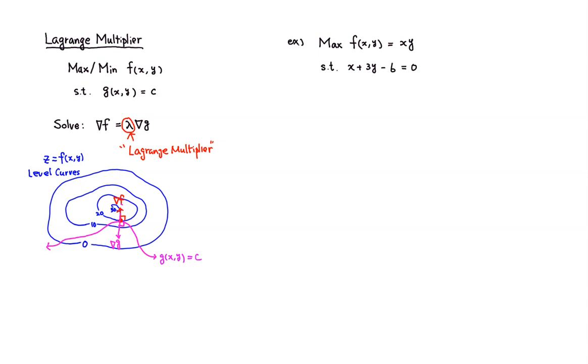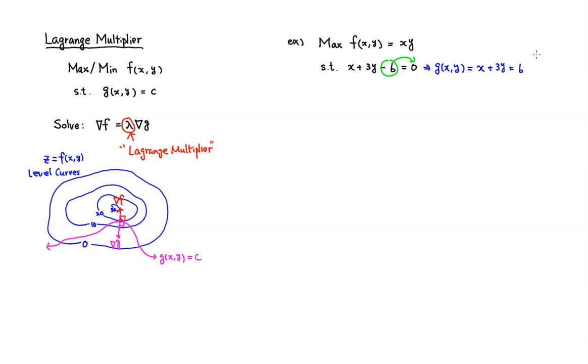We can rewrite this constraint a bit: g of x comma y is x plus 3y, and I can move the negative 6 to the other side, so it's a positive 6.